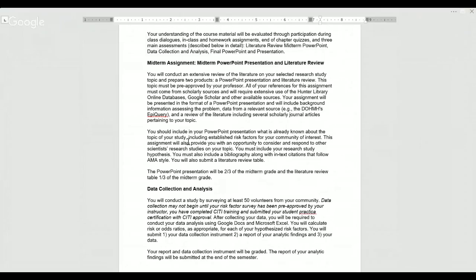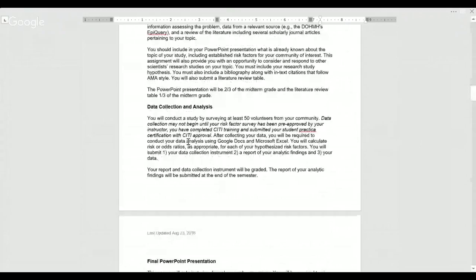Now, for the midterm, and again, I'm going to go over all of these assignments in much more detail when it's closer to the time that these are due. But this is what it sounds like. You're going to do a lit review on whatever the health condition is you and your teammates select, and then you present it to the class.